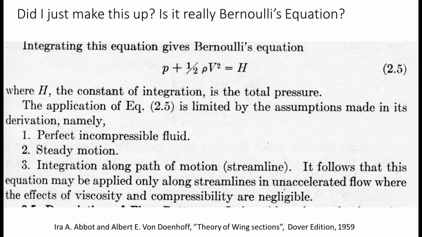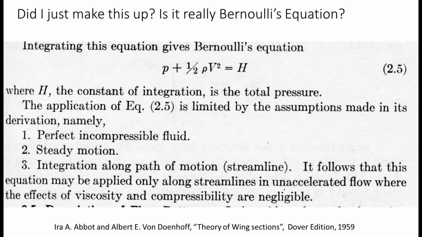Abbott and von Doenhoff worked for NACA, which is the predecessor to NASA, and most of the airfoils that you find on reasonably modern aircraft, up until the 80s and 90s at least, came out of the studies these guys did at NACA. In their book they derive Bernoulli's equation, and you can see it right there. That's just what you saw on the previous slide. Pressure plus 1/2 rho v squared, they called it H, is a constant of integration or the total pressure.